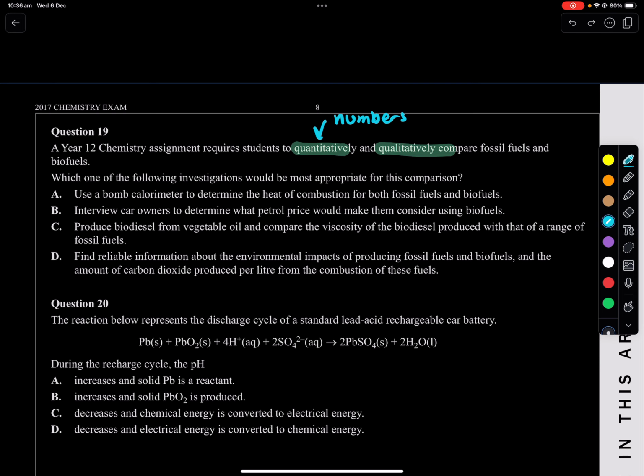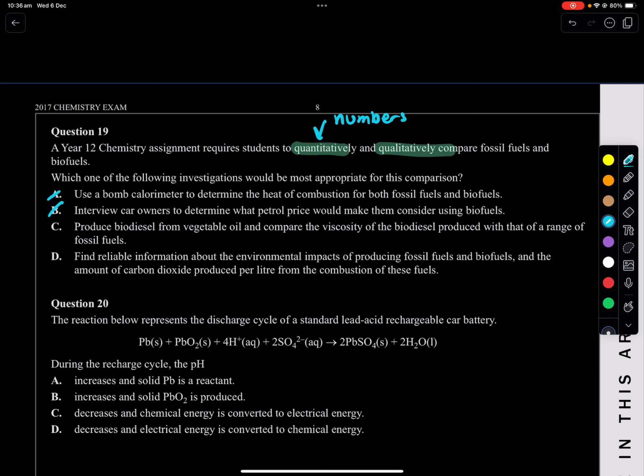So A is only quantitative. B: interview car owners to determine what petrol price would make them consider using biofuels. Interviewing is qualitative, because you are describing, you are talking, but that's not including quantity.